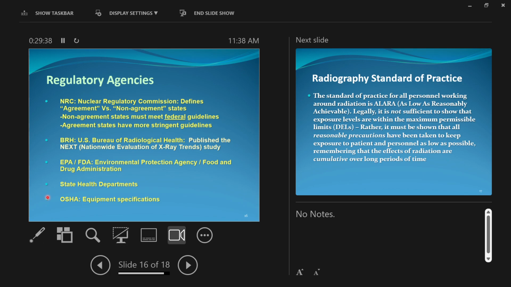You can't use a rolly chair as a stool. That's all OSHA. They're also the ones that set your bloodborne pathogen standard, the stuff that tells you to wear gloves if you're going to work around blood. That's OSHA. They try to keep employees safe in all lines of work, not just medicine. OSHA might set equipment specifications, things like that, to make sure the equipment's safe for the workers.